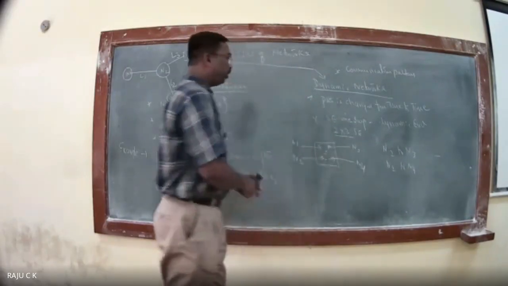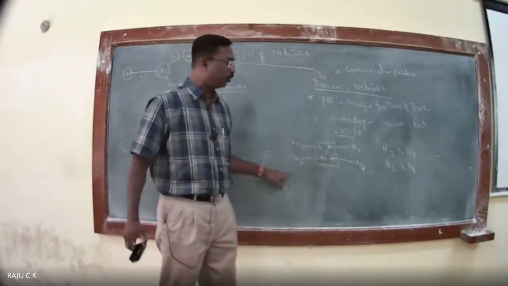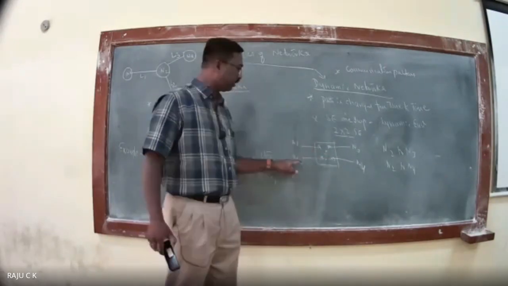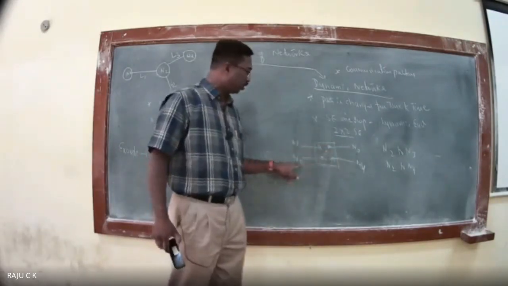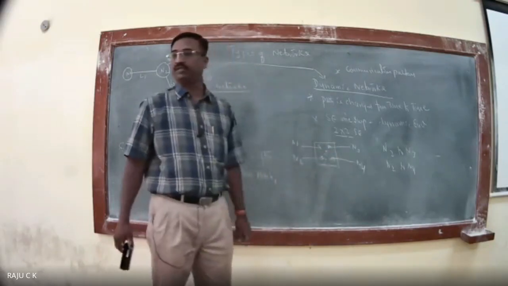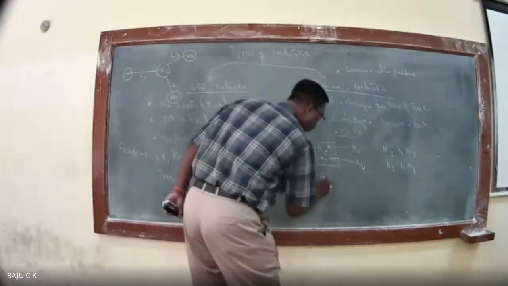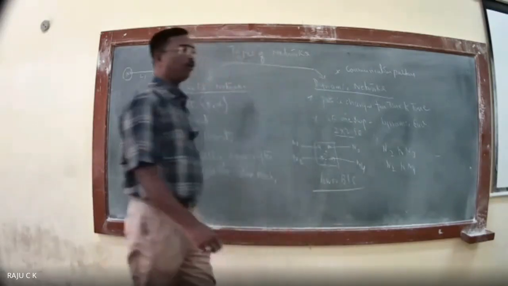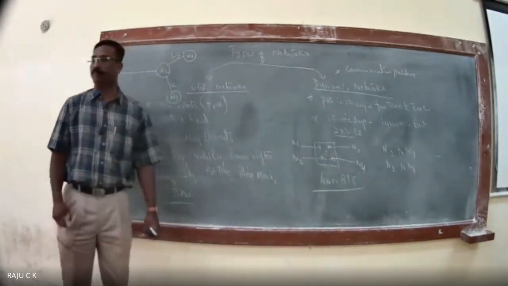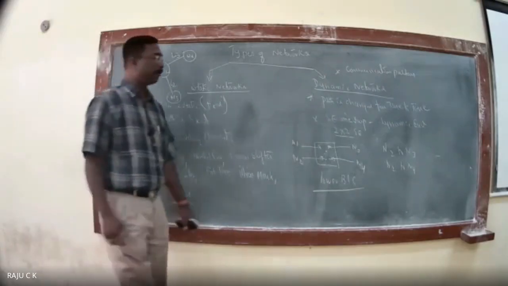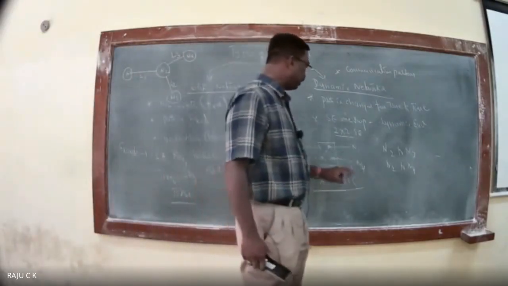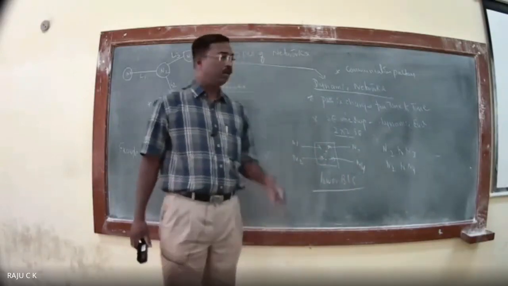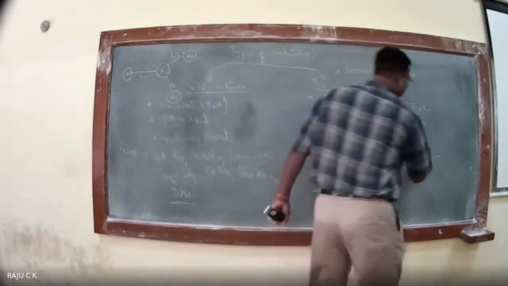This is called lower broadcasting. So I am connecting N2 to N3 and N2 to N4 in the fourth time interval.